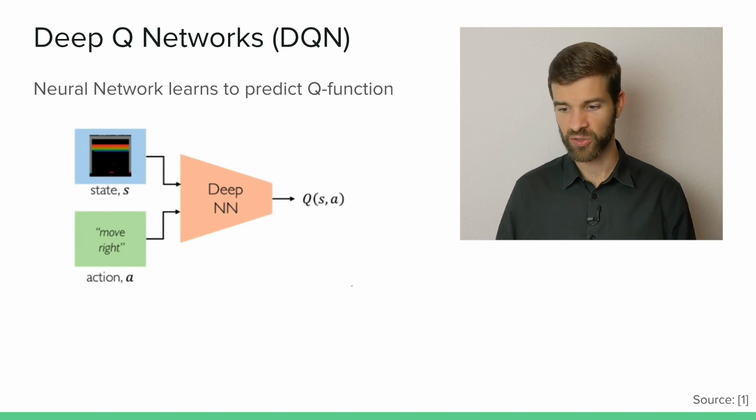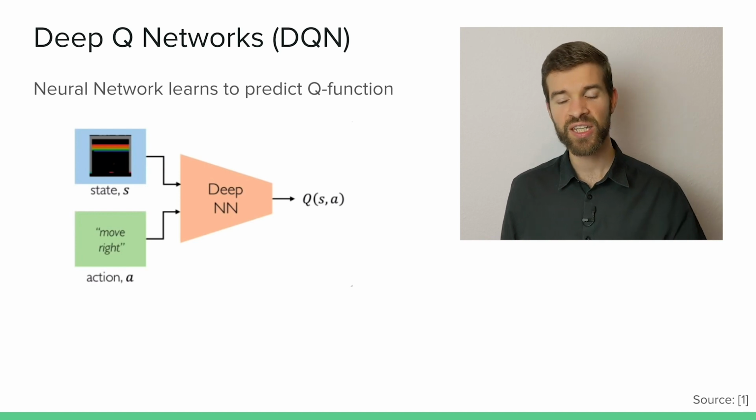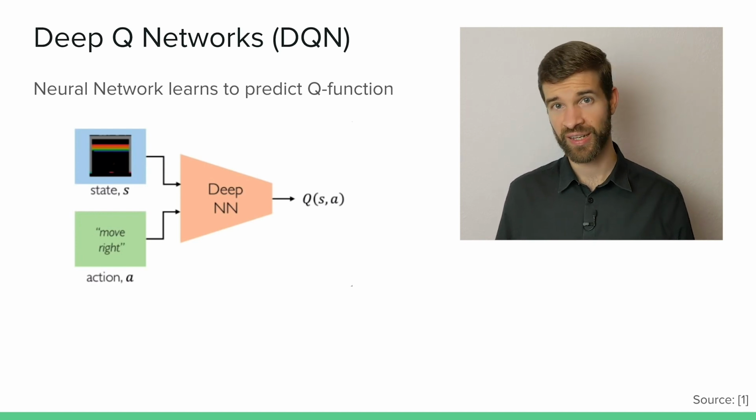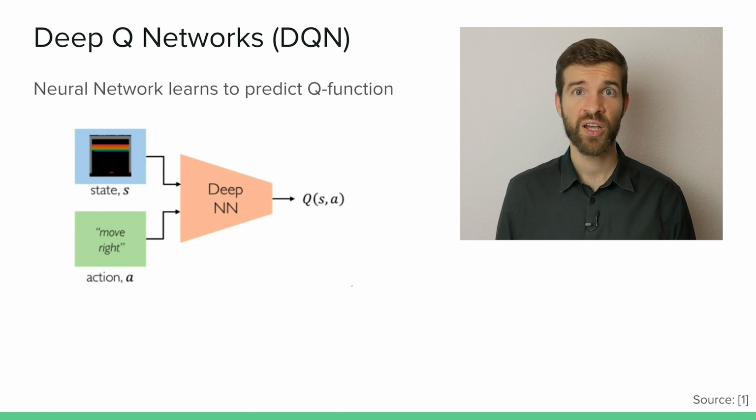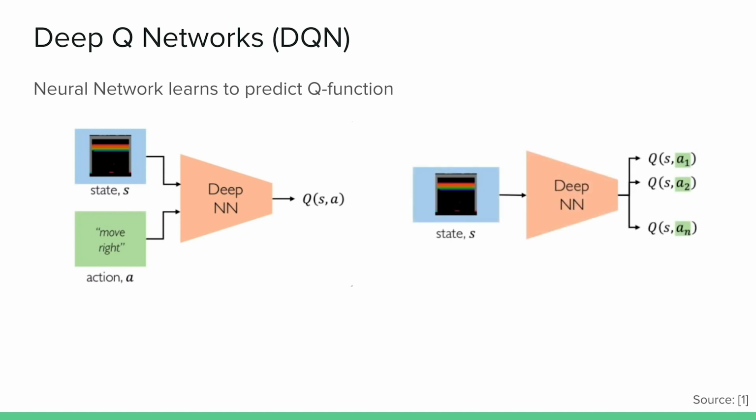When you think about this architecture, it's quite costly, because for each possible action that we can take in our environment with our agent, we have to run it through this network. We can do a better job by reformulating the problem and only feeding in the state S through our neural network and predicting the Q functions for all potential actions at the same time.